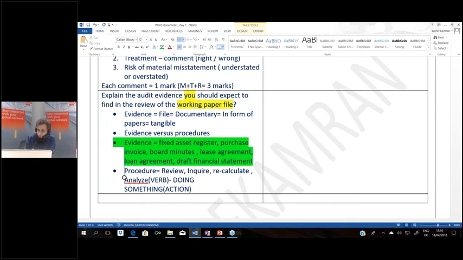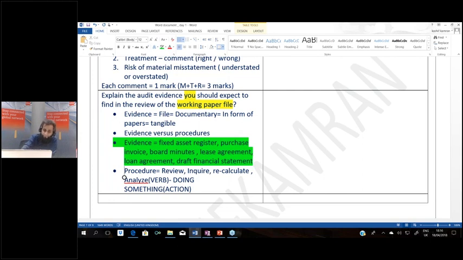So please ensure that you have a segregation between writing a procedure and writing an evidence. I'll do an illustrative exercise with you to give you a very good understanding of writing a procedure and writing an evidence. But please ensure that you're writing evidence when the question is on evidence. You're not writing a procedure when the question is on evidence, right?